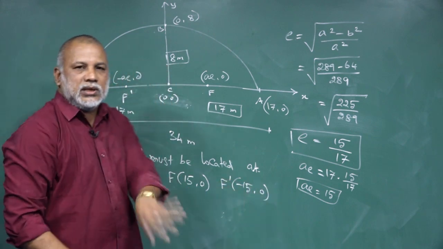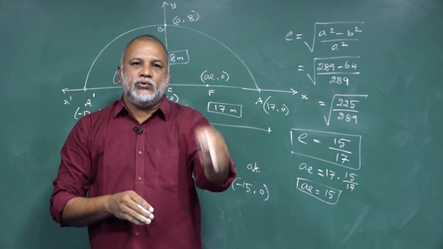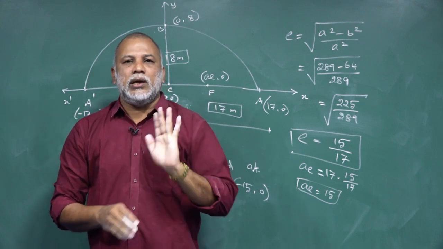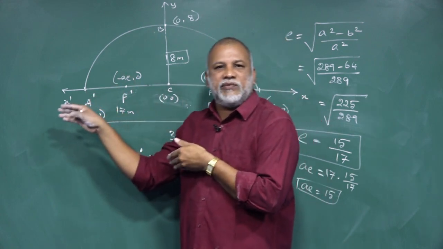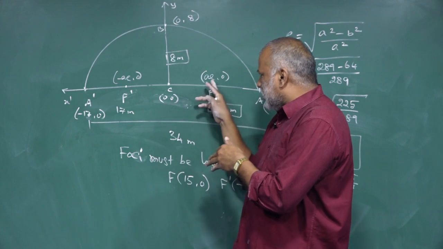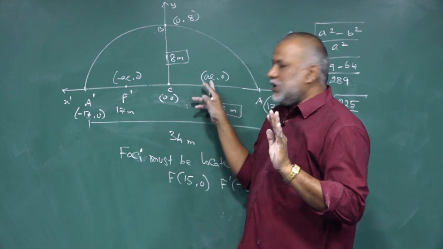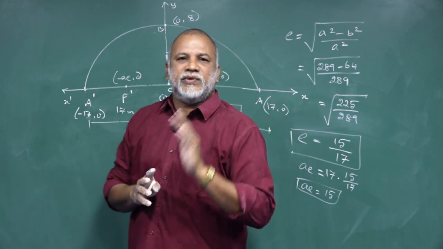That's all the concept. The question asked is where the foci must be located, from the center, one side F, another side F dash. We worked out ae, so substitute: (15, 0) and (-15, 0).